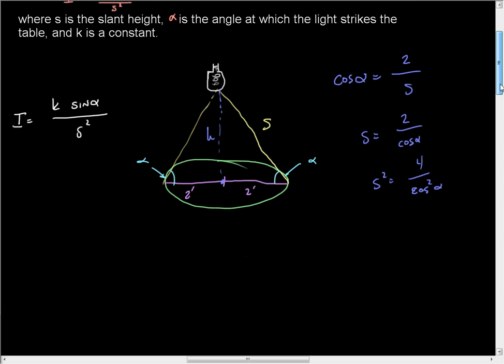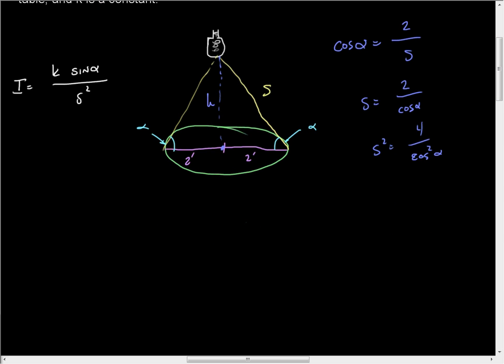Now, you can go ahead and switch this to secant if you want, but I don't like secants and tangents and all that stuff when I have to take derivatives. So I am not going to choose to do it. Instead, I like fractions, and so I'm going to simply put that in for s squared. I have the sine of alpha on top. Underneath, I've got 4 over cosine squared alpha.